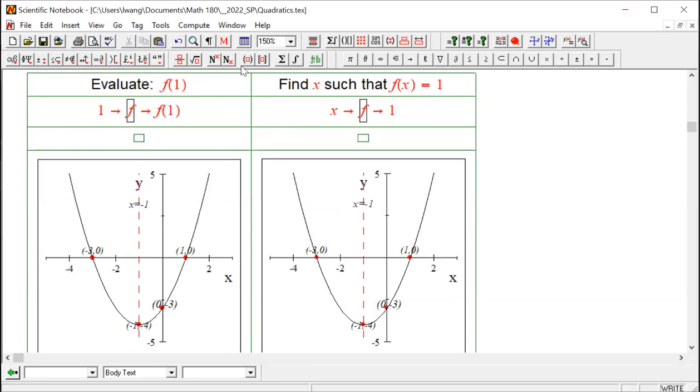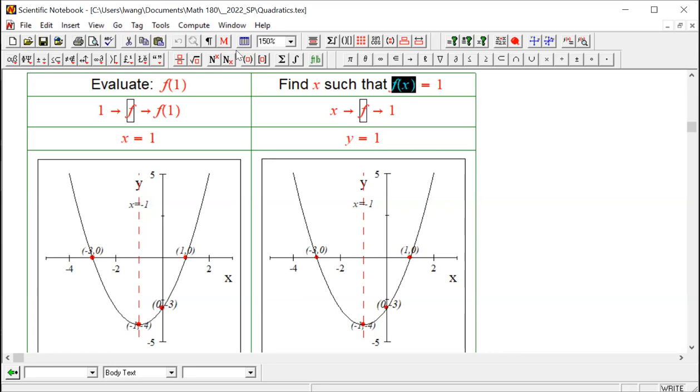Since the input is given, that basically means x equals 1 is given. So we're going to draw a vertical line. And in this one, the output is given, that's the so-called y is given, or f of x is given.